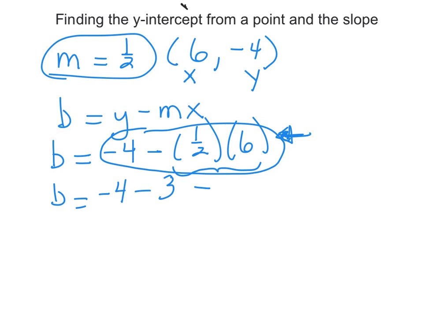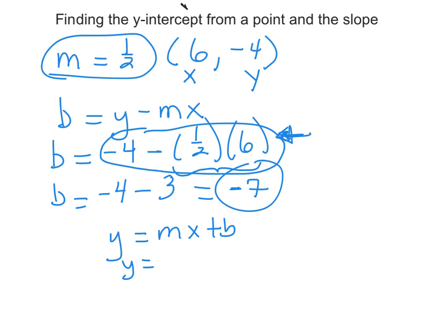The last part is we're subtracting. If we're at -4 and we go backwards 3 more, we end up at -7. So this is our y-intercept, and if they asked us to write the equation of the line, this is the format we're looking for. Our equation for this line has m as 1/2, and the b value we just got was -7.